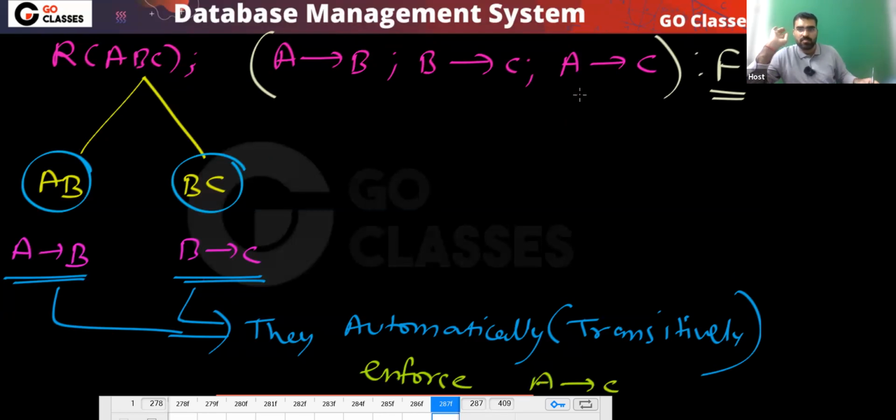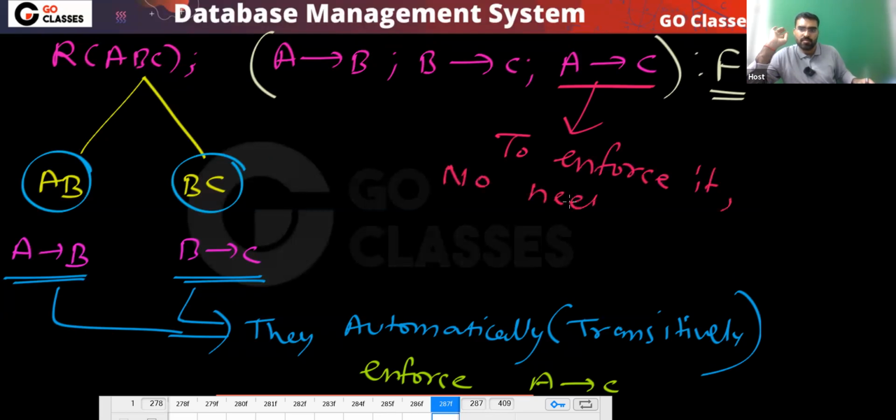To enforce this, there is no need to join any tables.